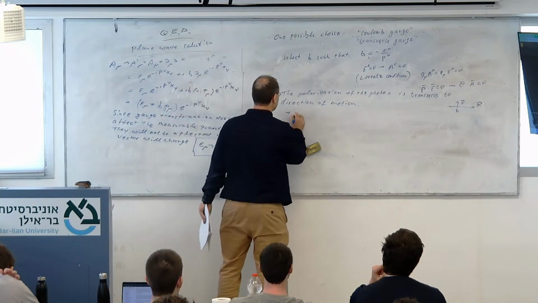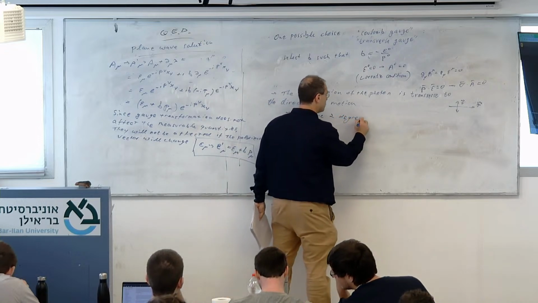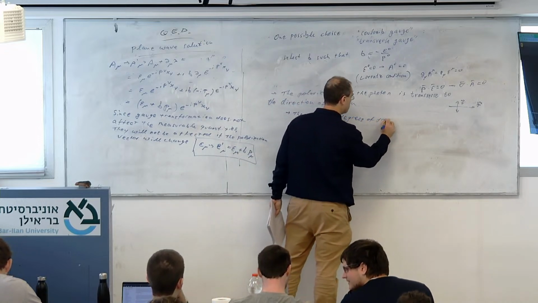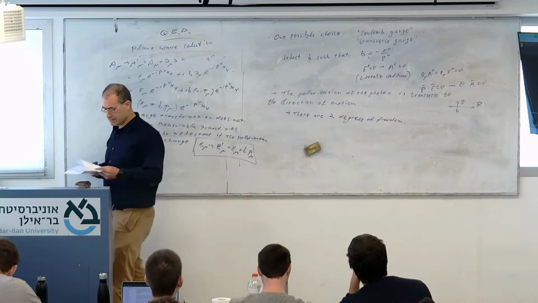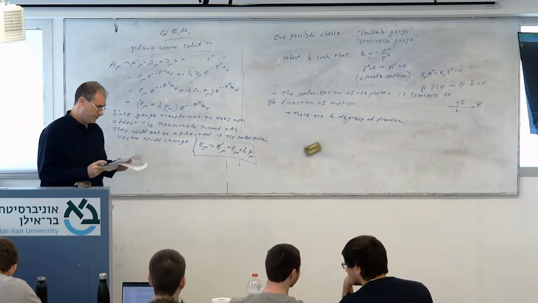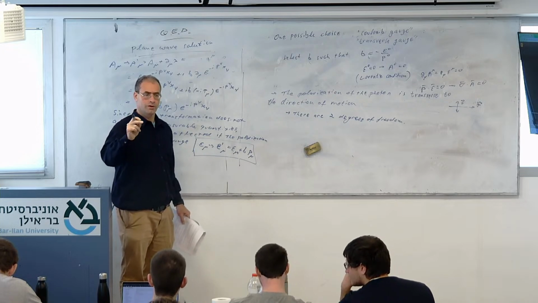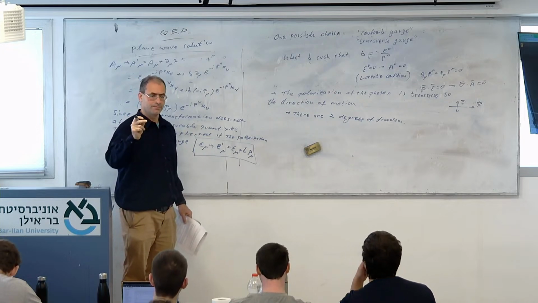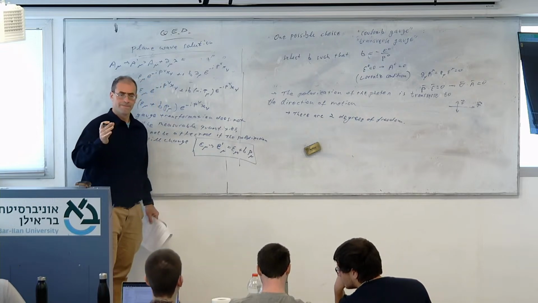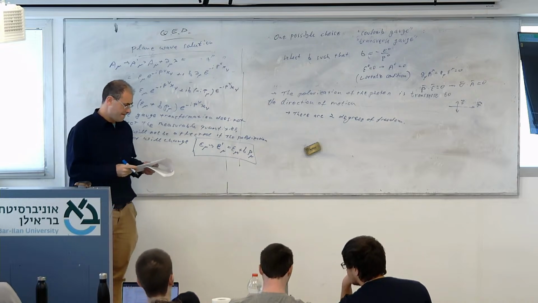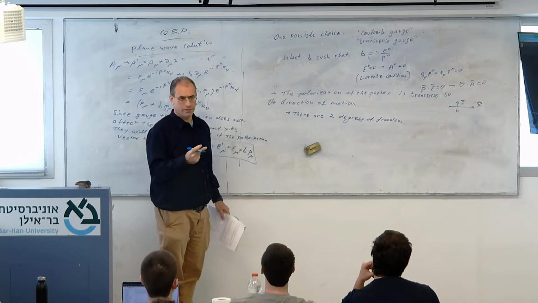So there are 2 degrees of freedom. Mainly, there are 2 independent quantities to fully describe the photon in this case, which are 2 possibilities for polarization.